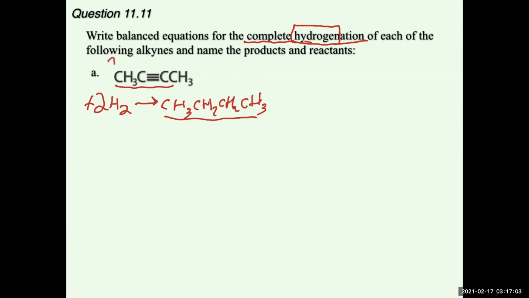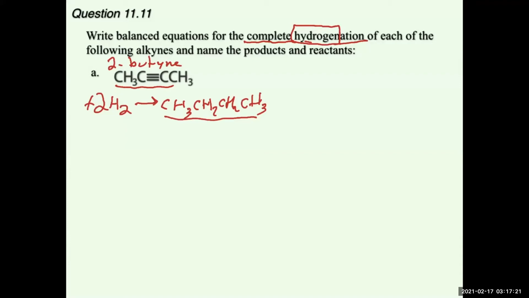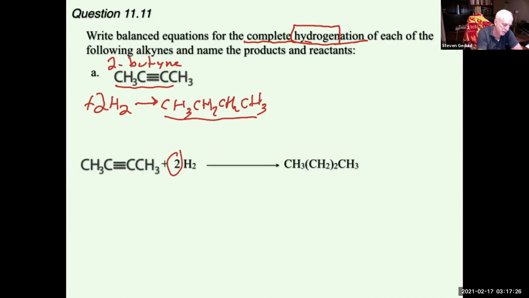Starting compound is 2-butyne. What's the product formed? Butane, perfect. Okay, so 2 hydrogens go to 2-butyne, and we convert it to butane by complete hydrogenation.